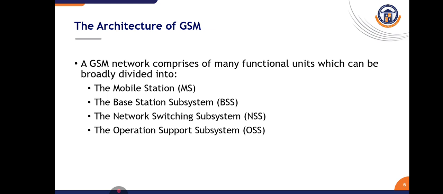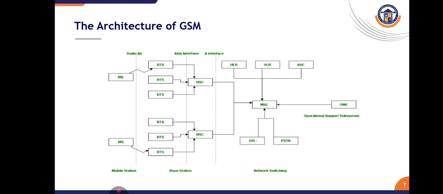So coming to the architecture of GSM, the network comprises many functional units. They are mentioned below: mobile station, base station subsystem, network switching subsystem, and operation subsystem. So this is the architecture of GSM.